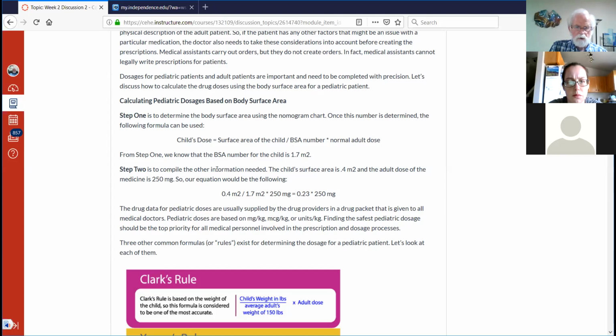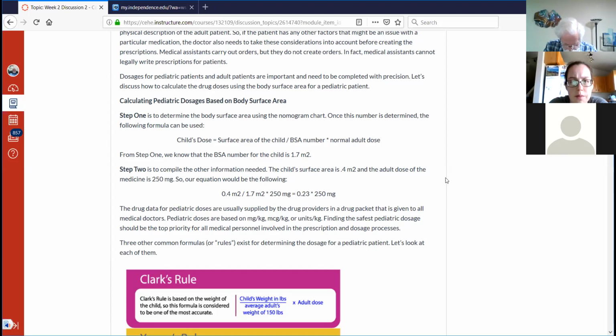We divide that 0.4 by 1.7 because the 1.7 is the average adult body surface area. So we calculate that the ratio of the child to the adult is 0.23. So we multiply that by 250 to calculate the dose we're going to give to the child.